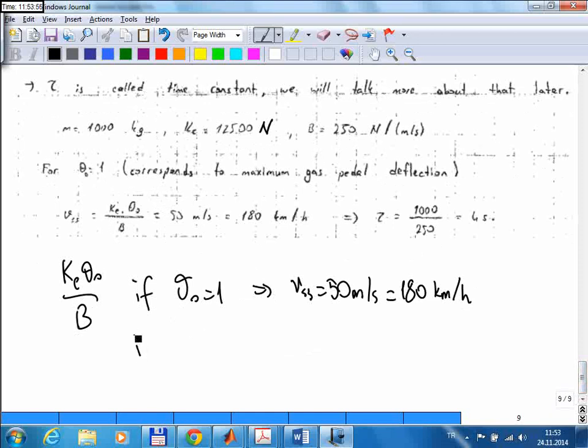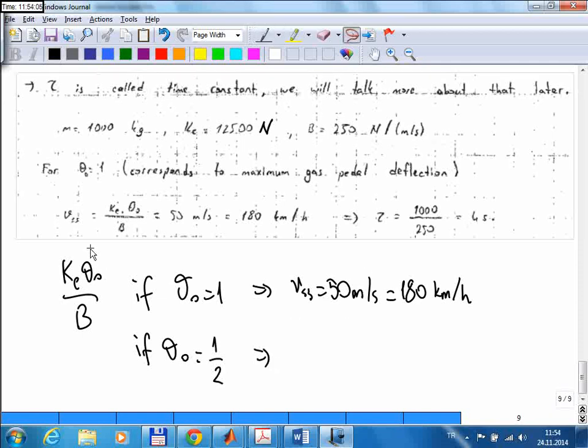For example, if you apply half the gas pedal input, then this number is going to be half of that, right? Because the theta 0 parameter is right there. So if you insert half of the previous value, then this value will be half.